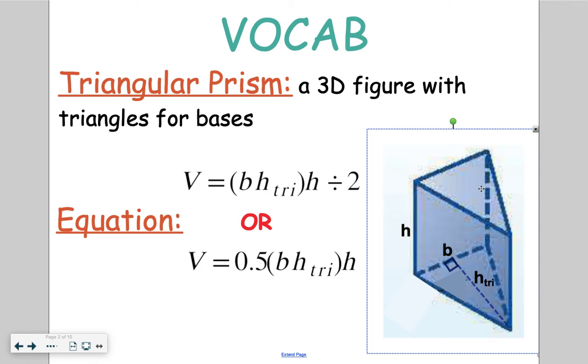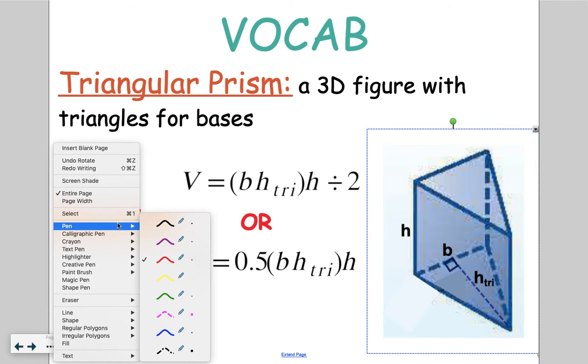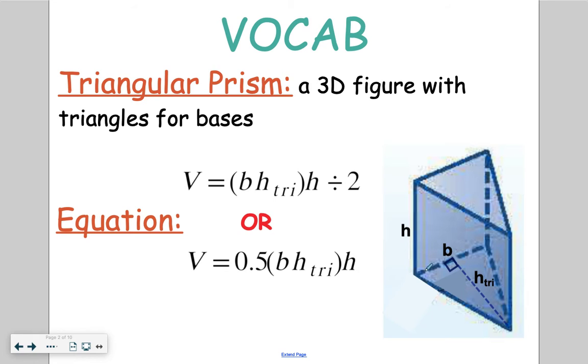When we have a triangular prism, we have two options for the volume formula, whether you want to use division or multiplication. Our first formula using division says that it's the base times the height of the triangle. So what that means is you're going to need to locate the triangle in your shape, in this case down here at the bottom, and you want the base and the height of the triangle shape.